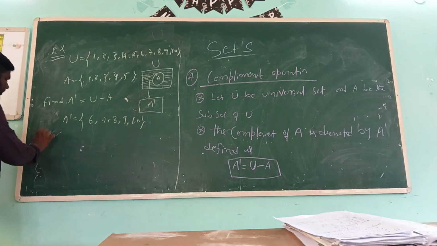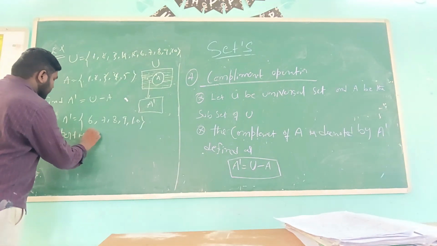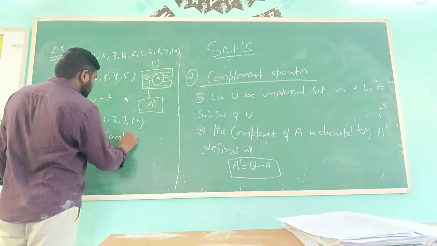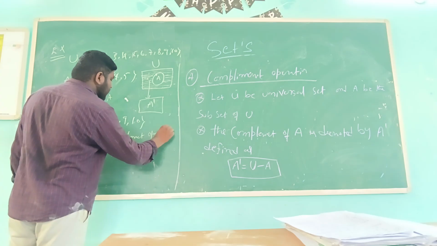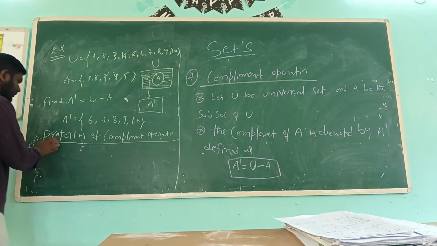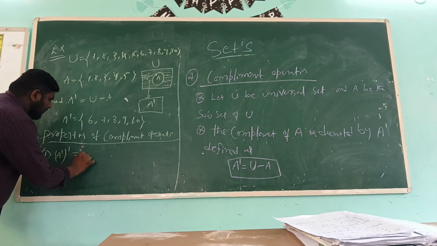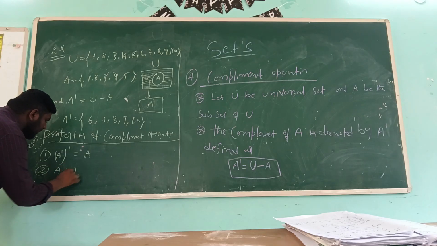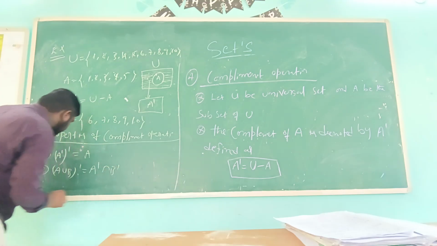Complement operation. Then there are properties also. Properties of complement operation. Okay. First property: A complement whole complement is equal to A. Then second: A union B whole complement is equal to A complement intersection B complement.